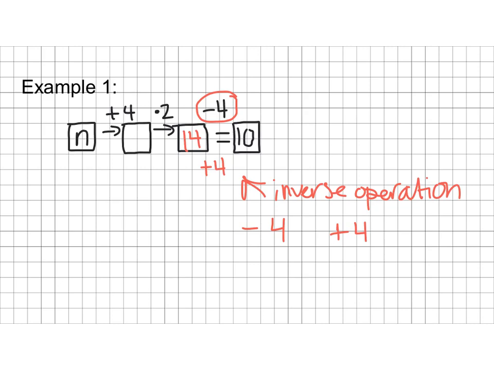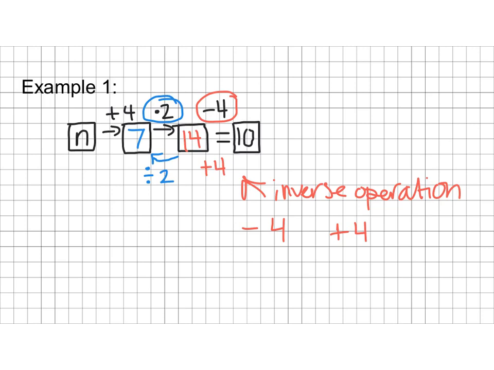Now on the next step, we had a times 2, but since we're backtracking, right, we're going backwards, that must mean that we need to divide by 2. 14 divided by 2 would give us 7.